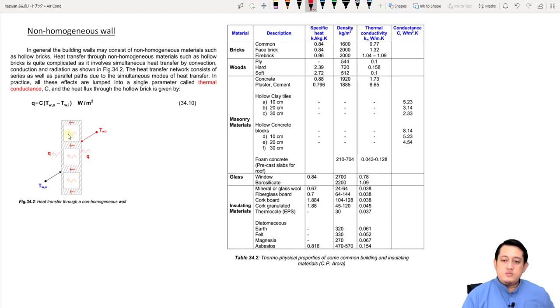Okay, so for this one here, because we cannot determine U easily, we use a single parameter here, which is thermal conductance, this C here. And then we multiply C with the temperature difference of the wall outside and inside to calculate the heat flux here.